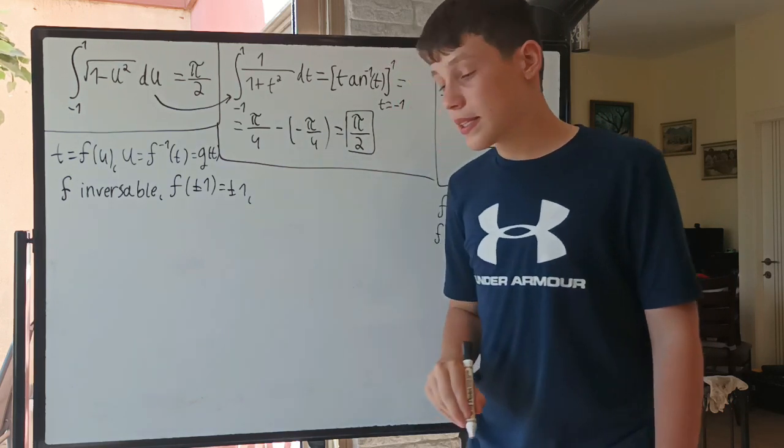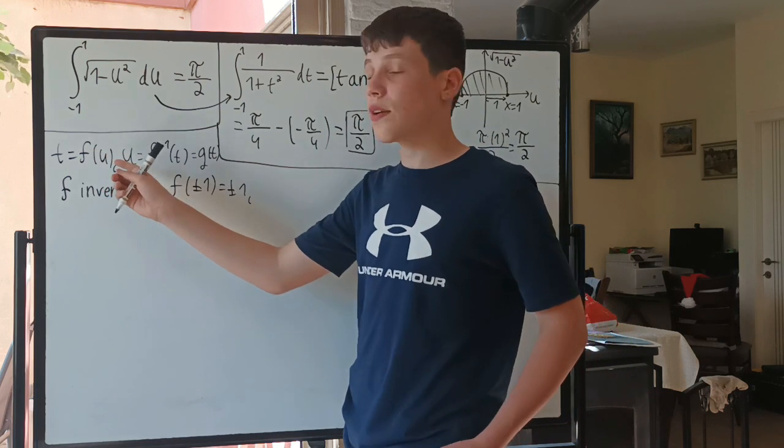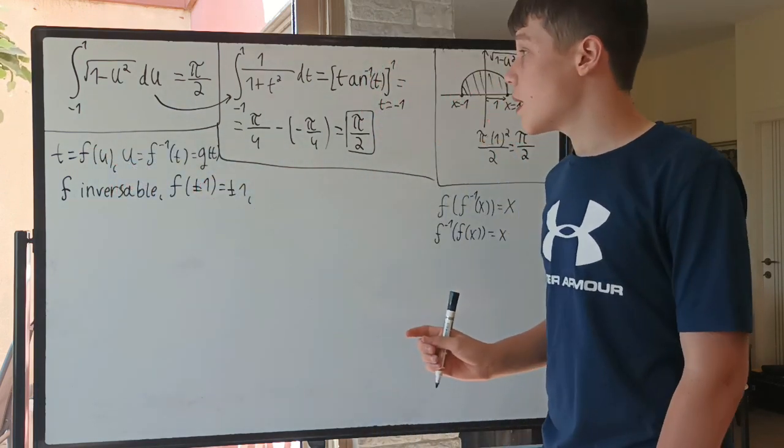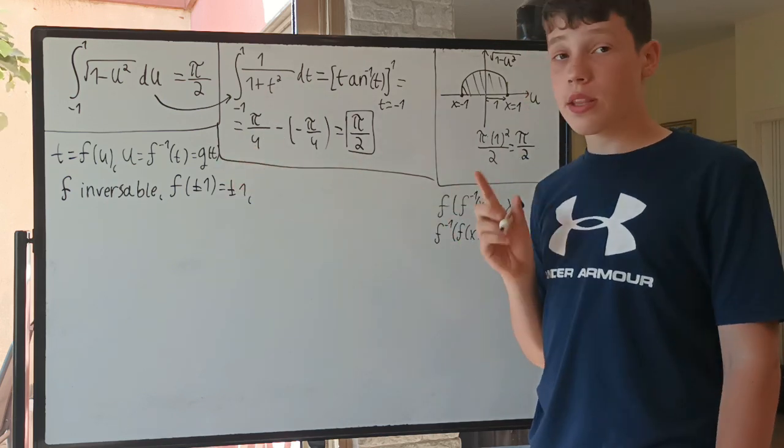Now, let's get to the actual substitution part. If we are plugging in t equals f(u), or u equals g(t), where g is the inverse function of f, we're going to get this.